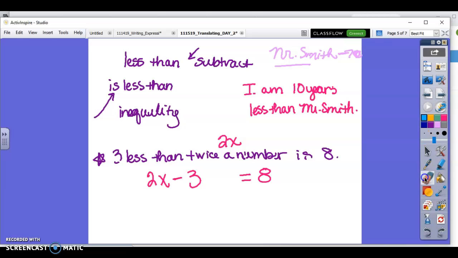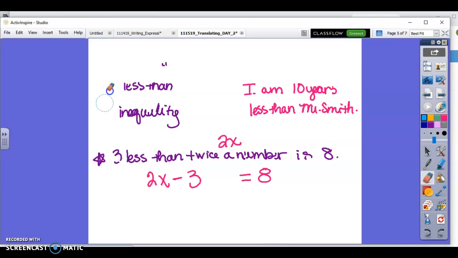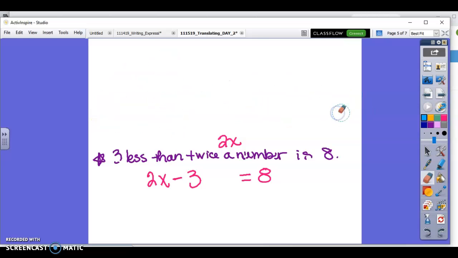Okay, so same sort of scenario. What if I said, okay, I'm going to erase this for a second. If I said, okay, can you guys tell me how much you weigh? And one of my students says, oh, Mrs. Crew, I weigh 15 less than my brother.